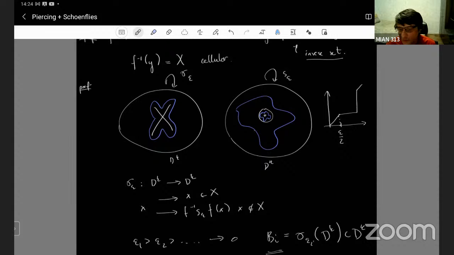Wouldn't those be balls? But I don't understand why F inverse is a homeomorphism.